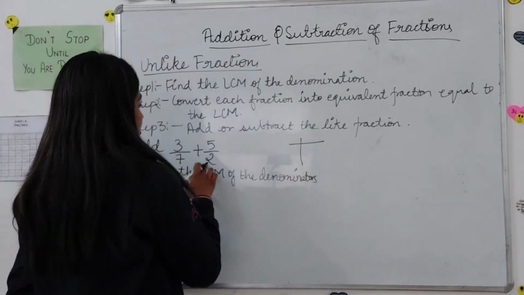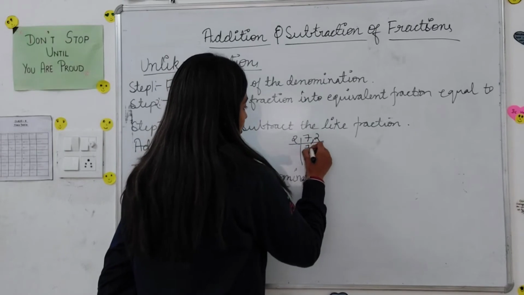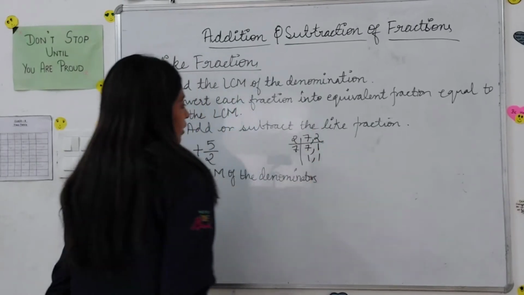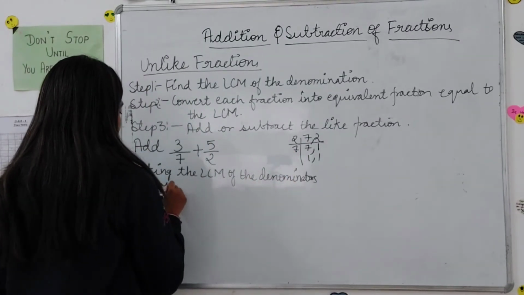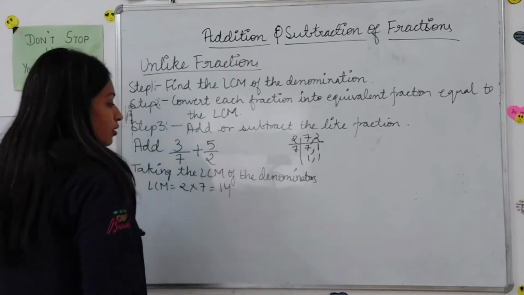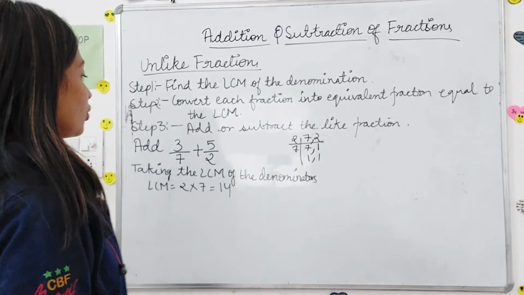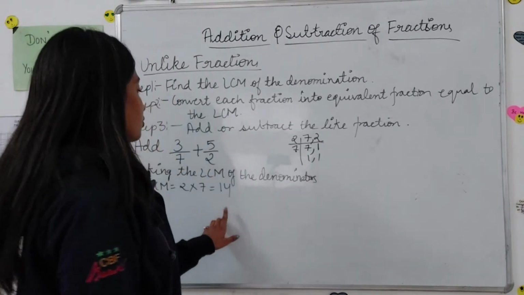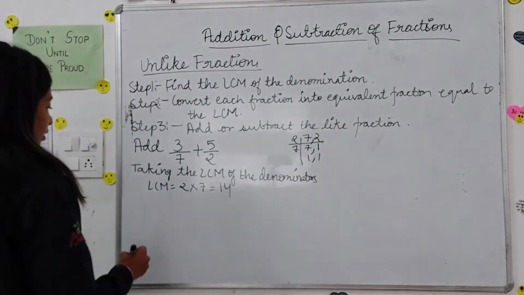The denominators are 7 and 2. You all know how to find the LCM. So the LCM will be 2 into 7, that is 14. Now you have the LCM as 14. Now what you have to do is make the fractions equivalent fractions, so that the denominator should be 14.